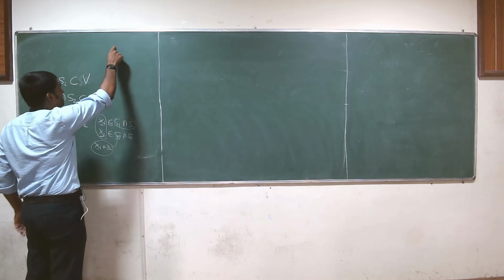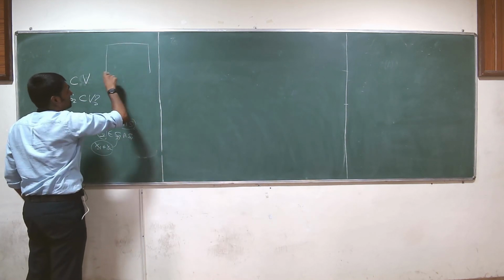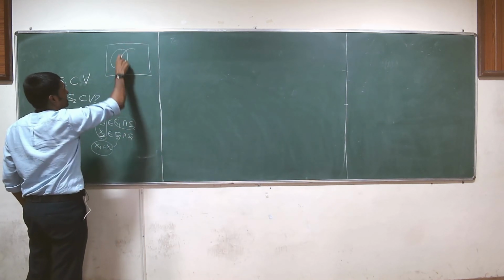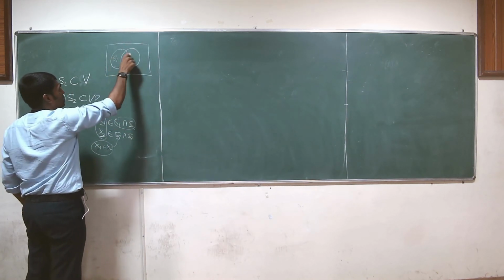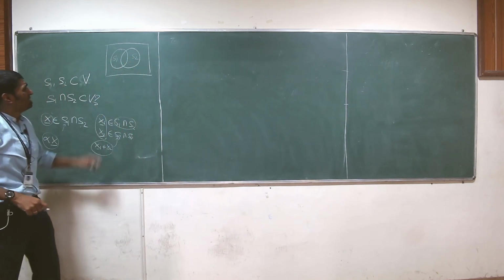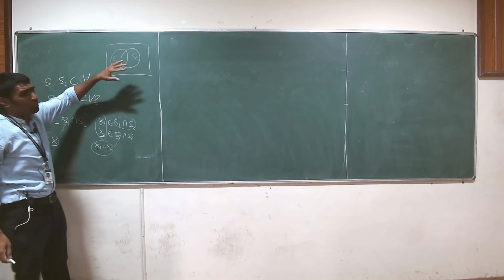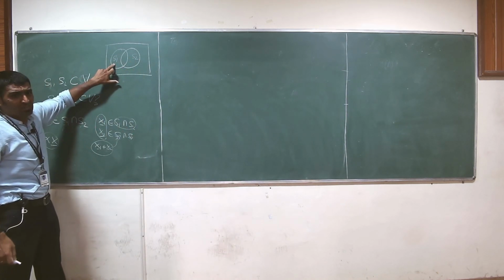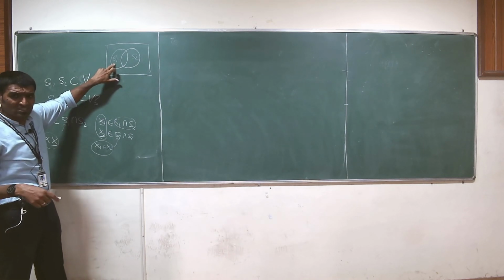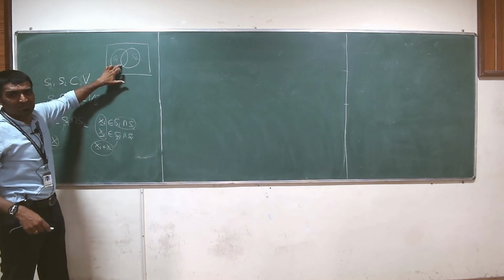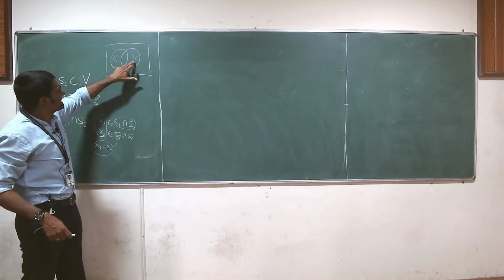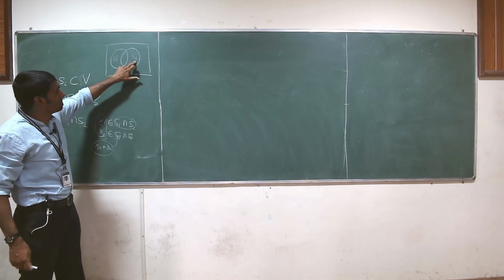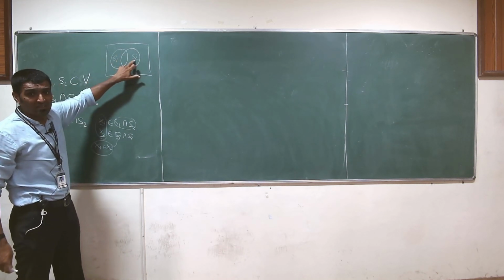Sure. Here, okay. S1, S2. If you take any element from S1, forget about S2, you do scalar multiplication or vector addition, it will be within the circle. If I take any element from S2, I do scalar multiplication and vector addition, it will be in the circle.